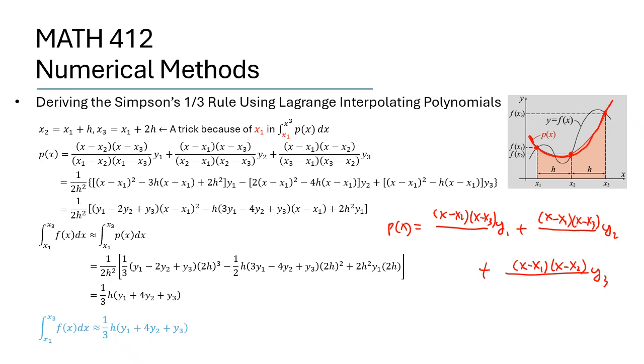Now the denominators we can set up easily: x1 minus x2, x1 minus x3, and x2 minus x1, x2 minus x3, and x3 minus x1, x3 minus x2. Okay, that's it.